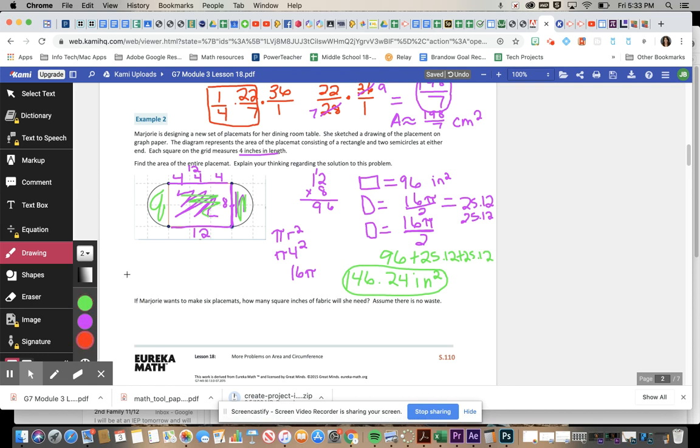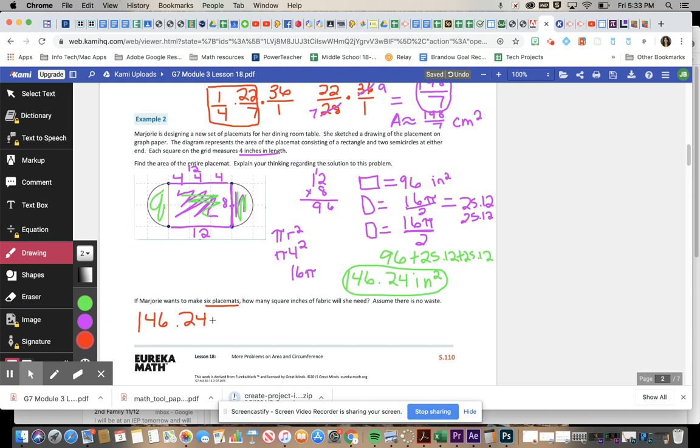Okay. Now it says if Marjorie wants to make 6 placemats, how many square inches of fabric will she need? Assume there is no waste. So we want to know our exact amount here. We know that one placemat is 146 and 24 hundredths inches squared.